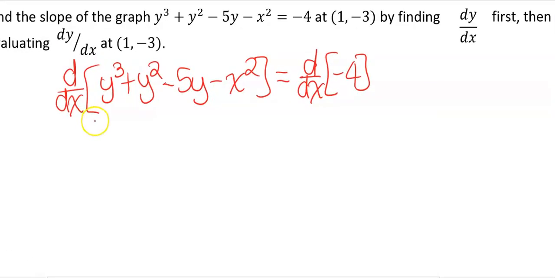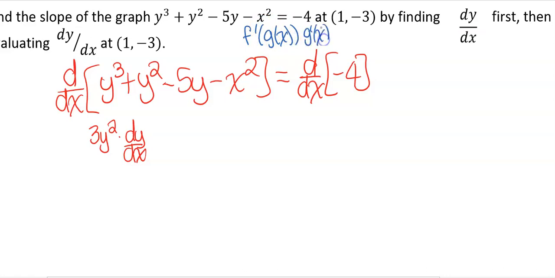So here we have to do each part separately. We're going to do the chain rule here. So we have 3y squared times dy/dx. So remember, chain rule is f prime of g of x times g prime of x. And that's what we just did here.